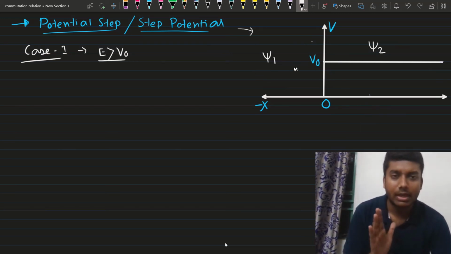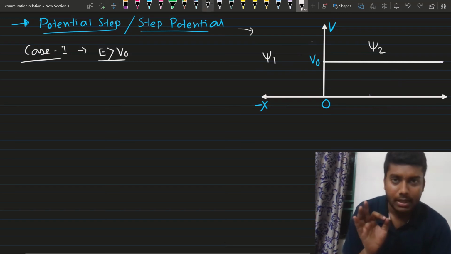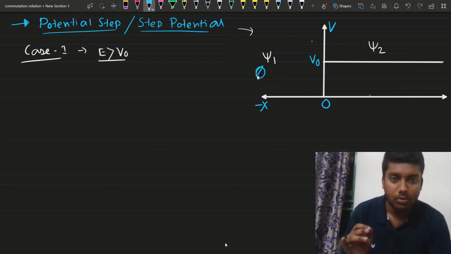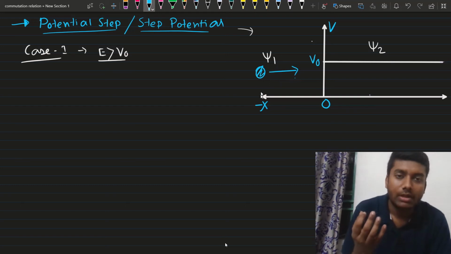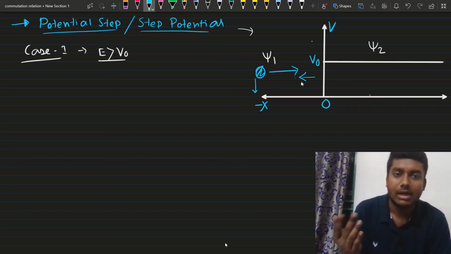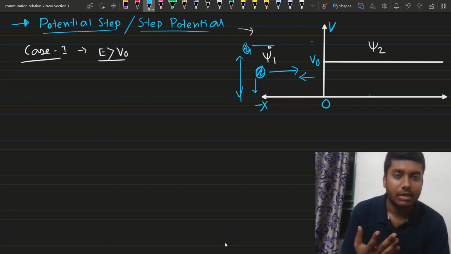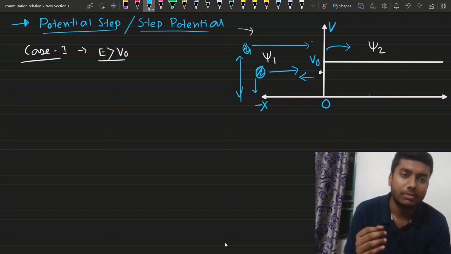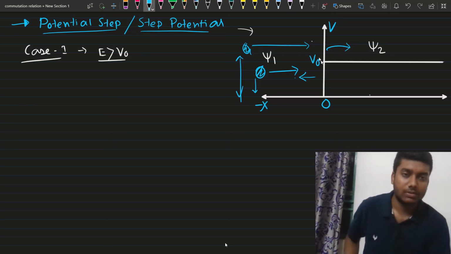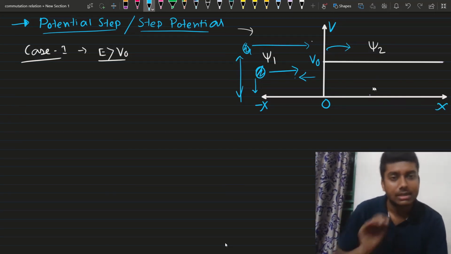This is a boundary, a wall, and suppose I am throwing a ball. If the ball's height is less than V naught, then it will be reflected from this wall. And if the ball's height is greater than this V naught, then it will definitely overcome this and just pass in the positive x direction.